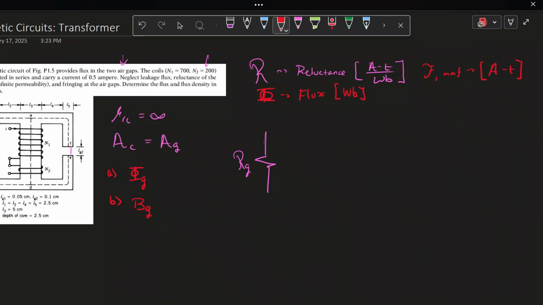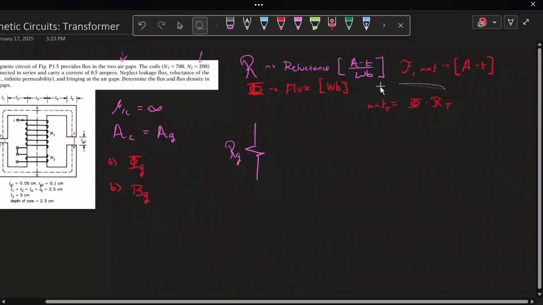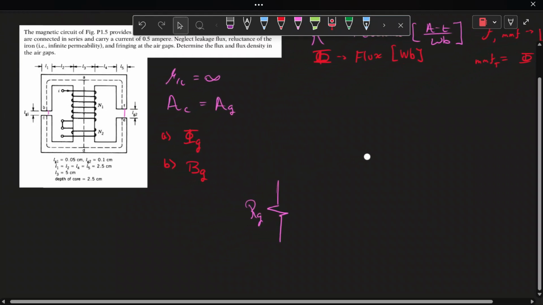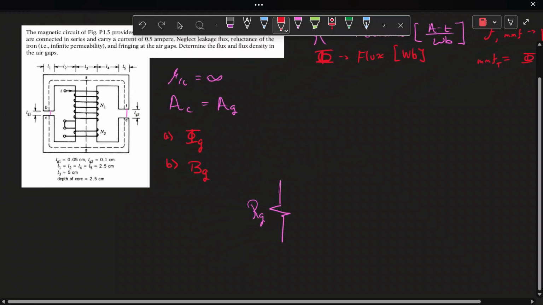And this is very similar to your Ohm's law, V equals IR, because we have magnetomotive force equal to the flux times the total reluctance. I'll rewrite this as MMF total. Okay? So these three units especially are very important because they're the building blocks for our circuit models and our transformer models for this type of class.